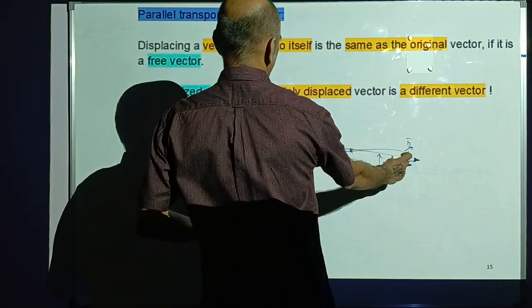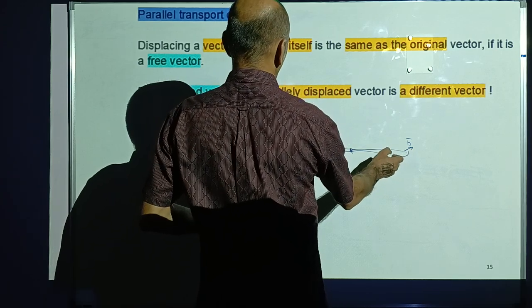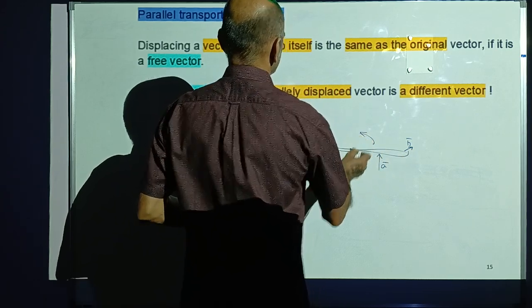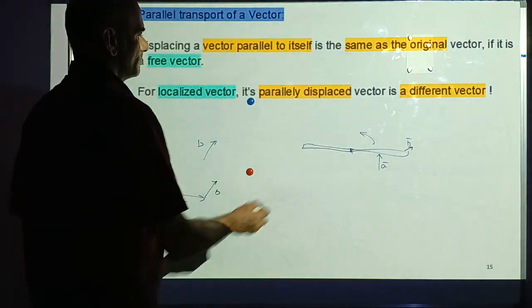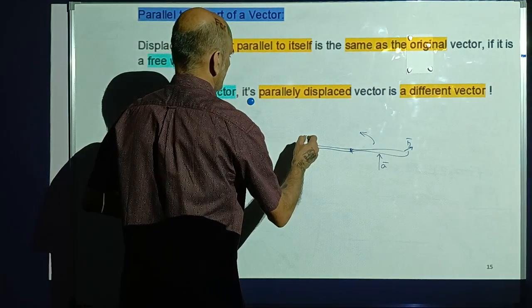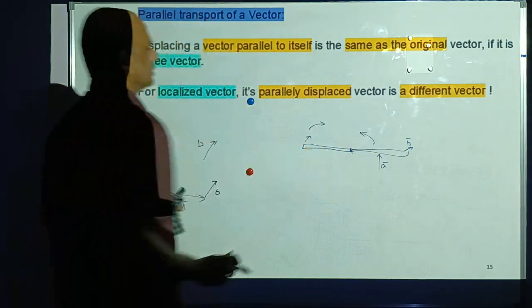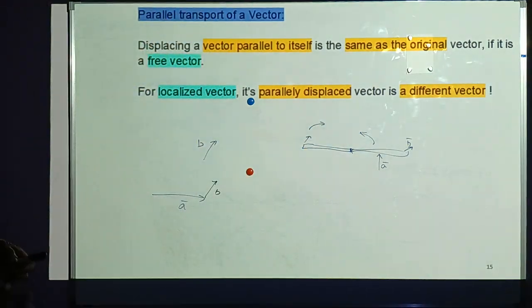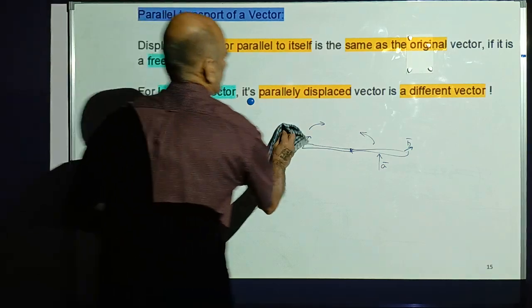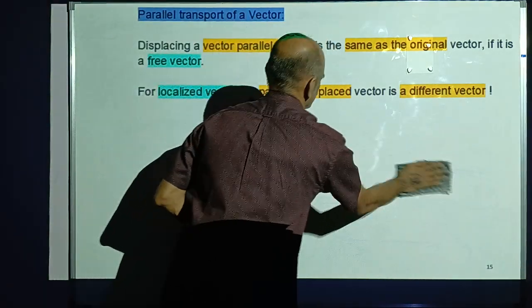Suppose I keep this vector B here, then the rod will rotate in the anti-clockwise direction because of the force of the B vector. But the same B vector, if I transfer it here, will try to rotate the rod in the clockwise direction. So here the B vector is not a free vector because if I transport it, the effect is different. So it's not always possible for a vector to be transported parallelly without changing the effect. Such a vector is called a localized vector.